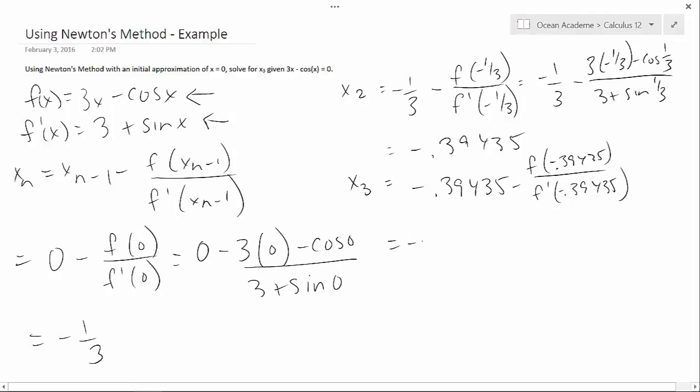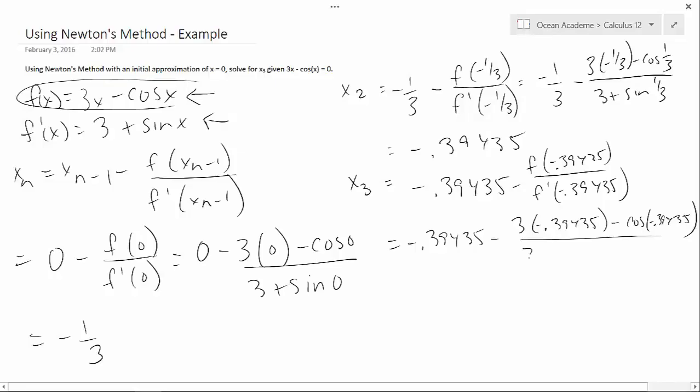So that equals negative 0.39435 minus, and again we're using this, 3 times negative 0.39435 minus cos negative 0.39435. That's all over 3 plus, now this is our derivative, 3 plus sine negative 0.39435.